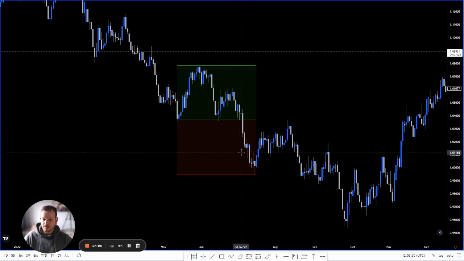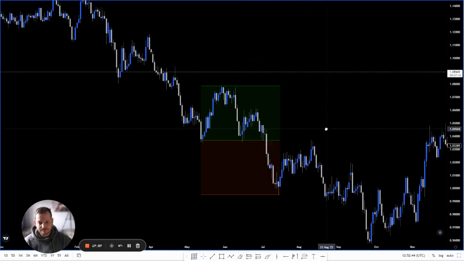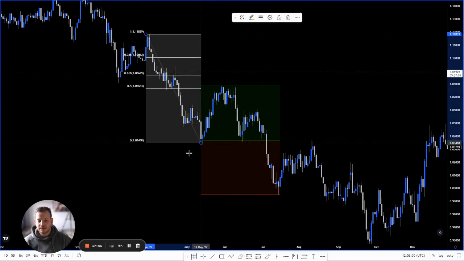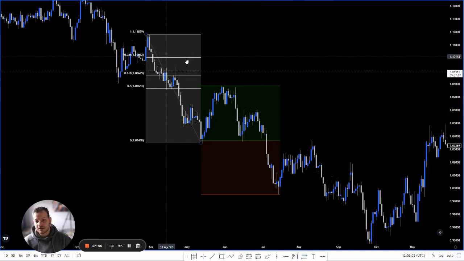I might get the odd FOMO, but 95%, 98% of the time, I'm not entering in the red. I want to wait till we're actually in discount pricing. And that to me looks so much smarter than that. It doesn't look bad, but you want to keep your chart as clean and crisp as possible. But it does the same job as long as you're past the 50%, and you can always just aim for the golden zone.